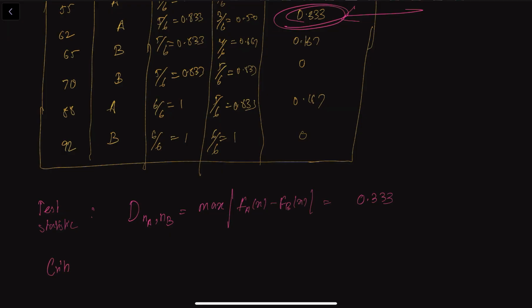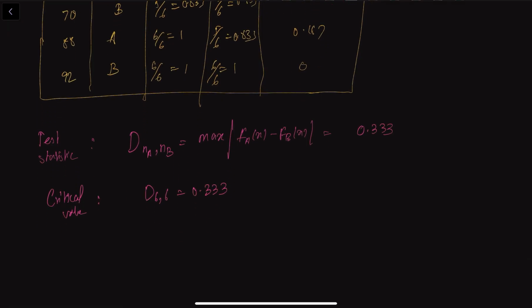The critical value, D_6,6, is 2 by 3, which is 0.667. So we can clearly see 0.333 is less than 0.667.